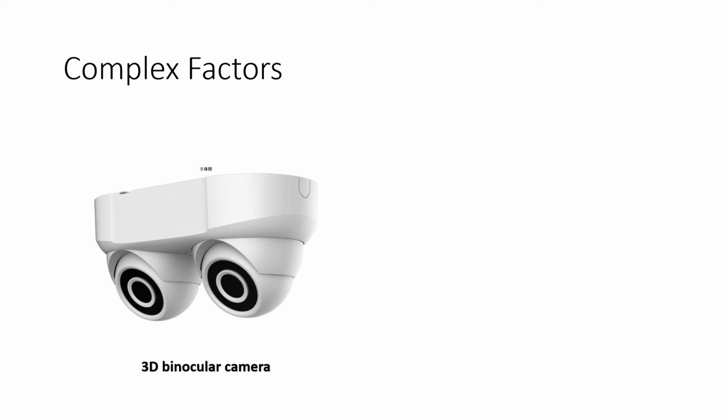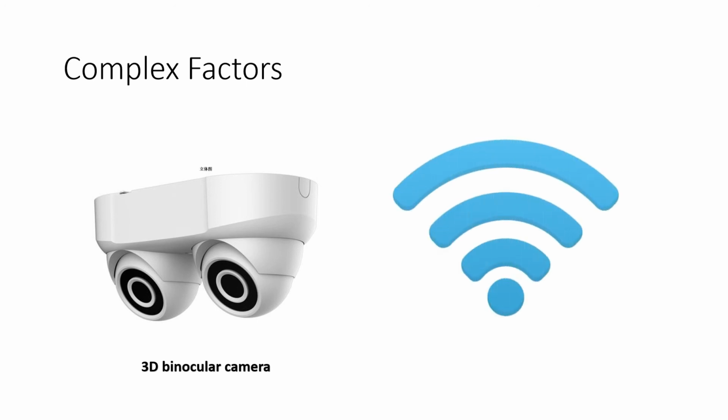Such a camera can increase the statistical accuracy of the number of people, and according to the test, accuracy is more than 98%. In addition, we can achieve full coverage of Wi-Fi signals and equip visible light wireless communication.